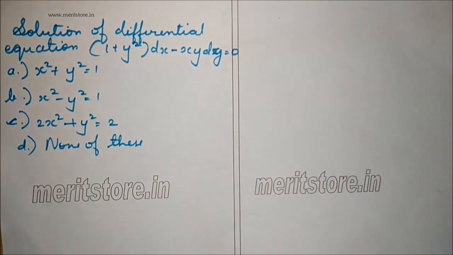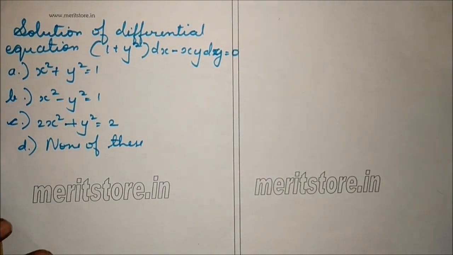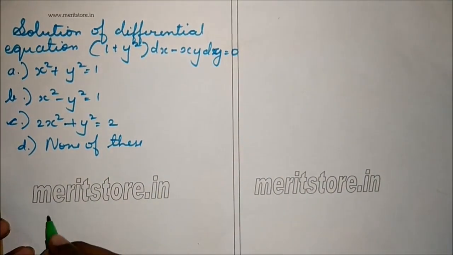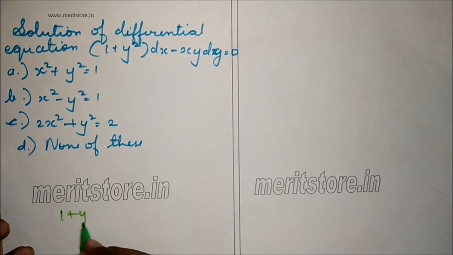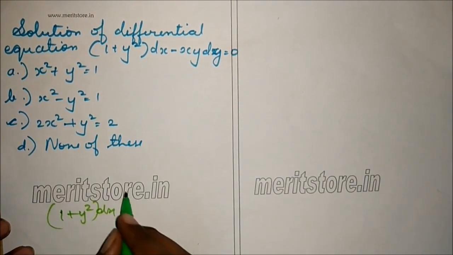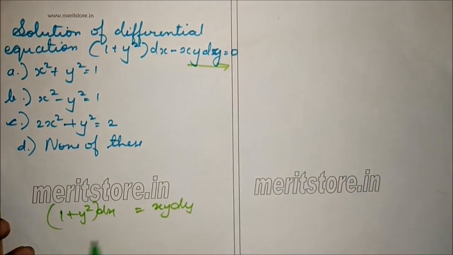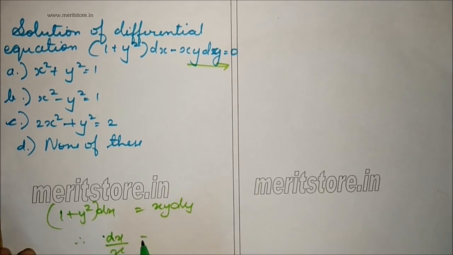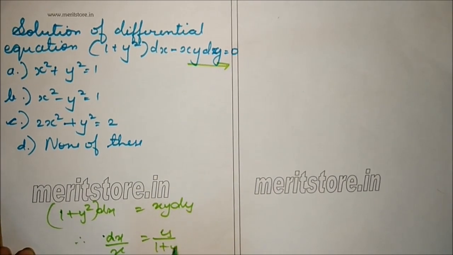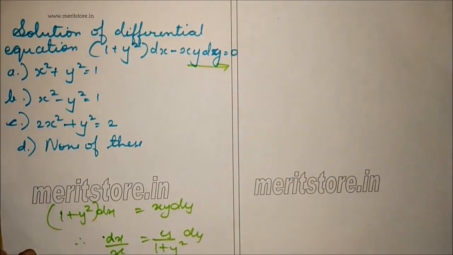Solution of the differential equation (1 plus y square) dx minus xy dy is. It is given that (1 plus y square) dx is equal to xy dy. Shifting this to RHS, therefore dx by x is equal to y by 1 plus y square, that is separating x and y terms.